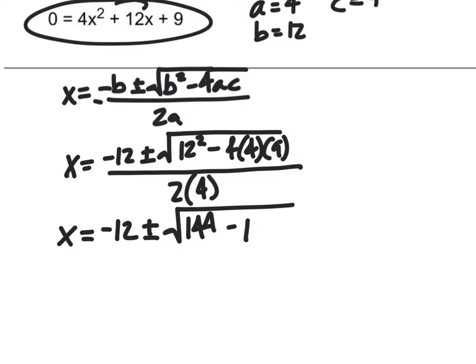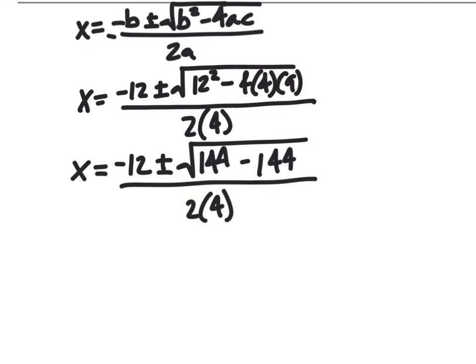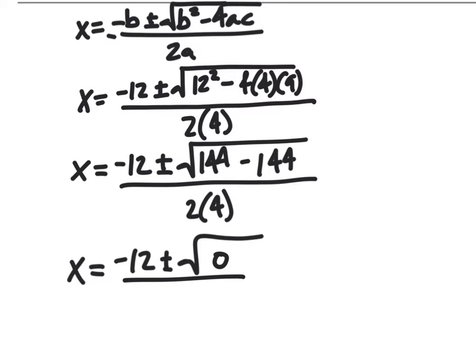So I'm going to do minus 144, all over 2 times 4, which is 8. So now I get x is equal to opposite 12 plus or minus the square root. 144 minus 144 is just going to give me 0, which is kind of nice. And then I get 2 times 4, which is 8.